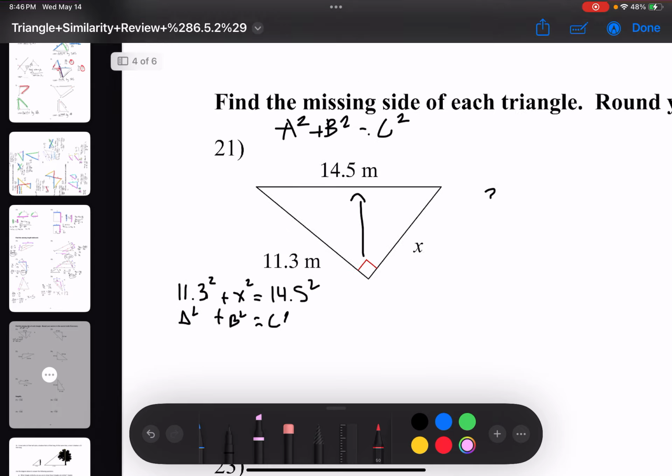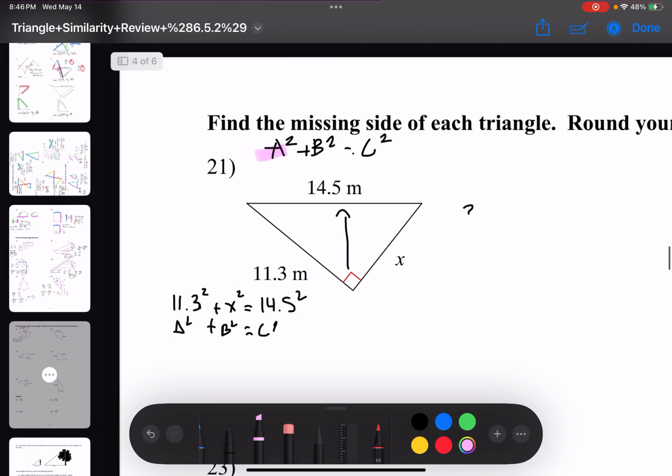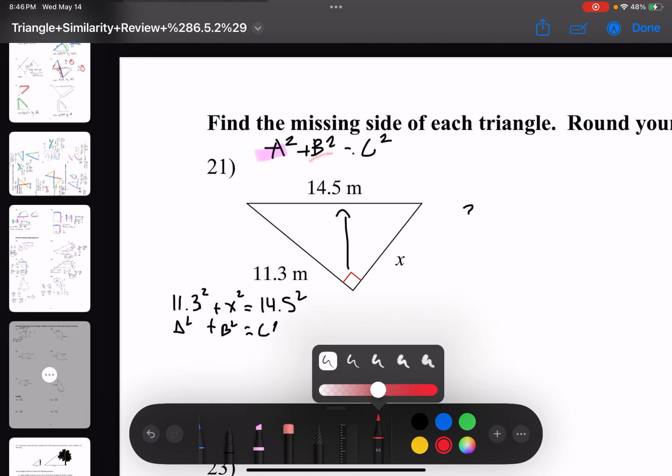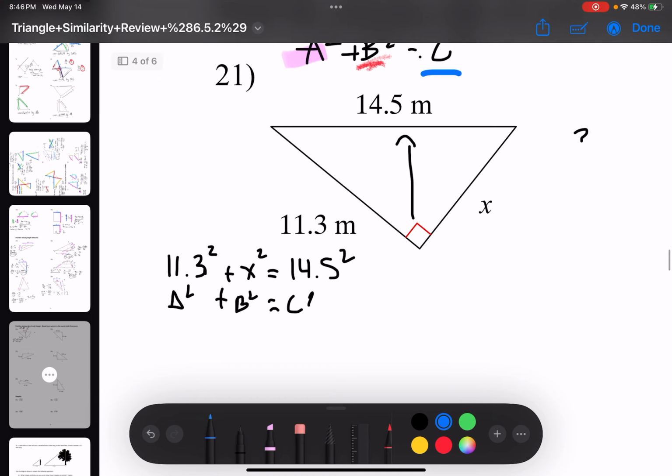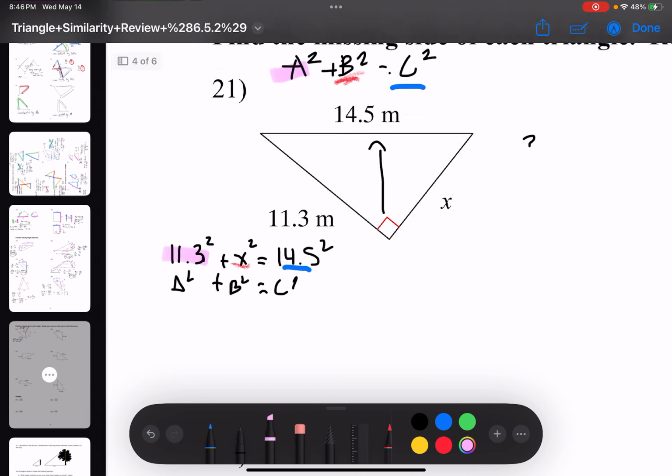So let's do your a, your b, and then this will be your c. This is your c, your b, and your a.